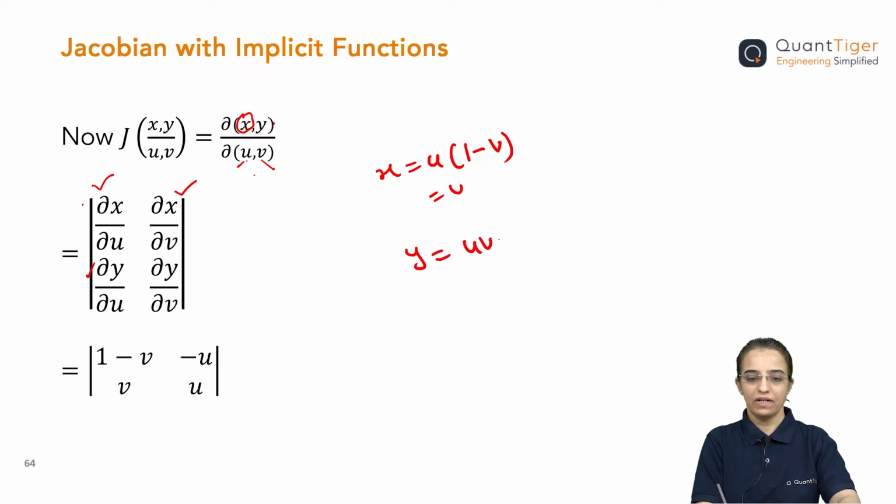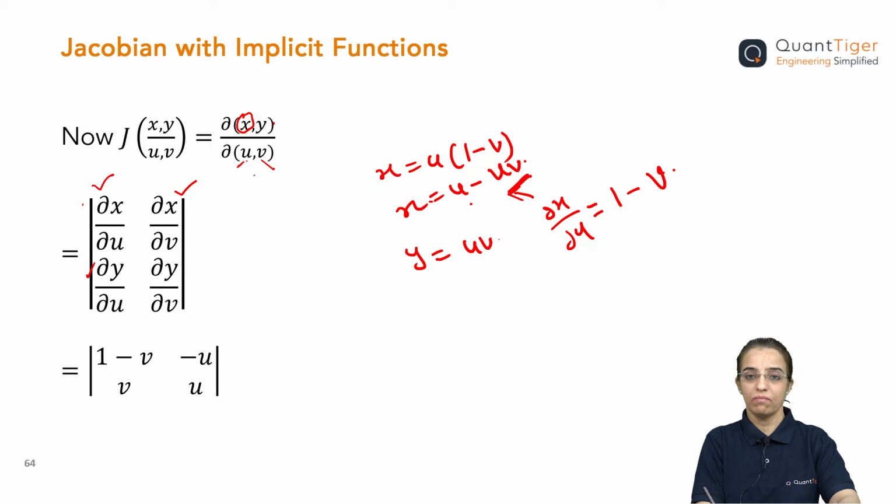So you just expand it, and you will get u minus u into v. This will be our x value. If you want to find del x by del u, we will differentiate this with respect to u. The derivative of u will be 1, minus the differentiation of uv, where v will be treated as a constant, and u's derivative will become 1.